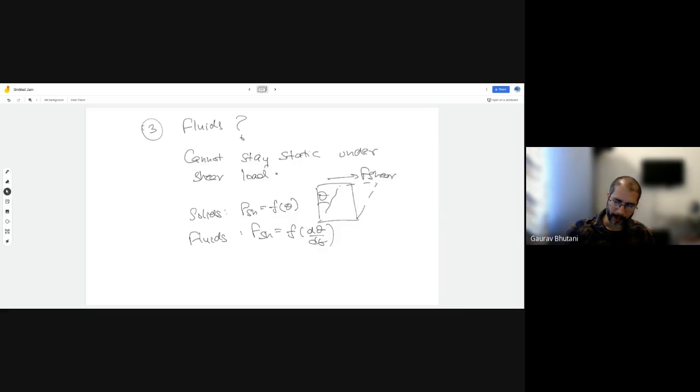Now we also talk about something called an ideal fluid. Well, I should put double quotes here. The word ideal fluid means a fluid which has zero viscosity.